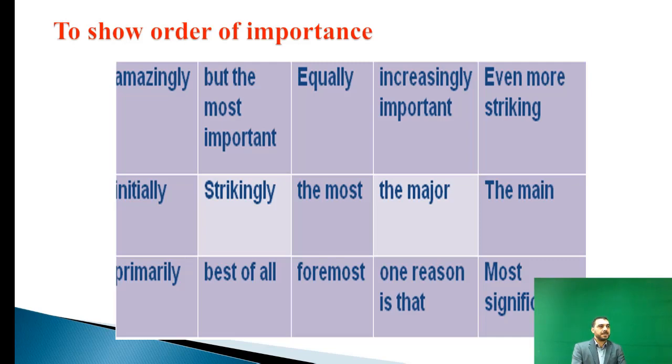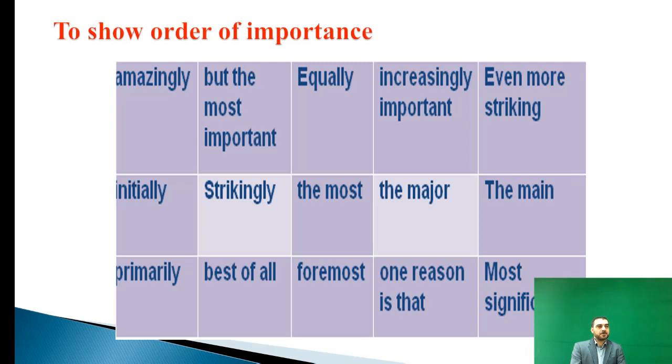For example: amazingly, initially, primarily, but the most important, strikingly, best of all, equally, the most, foremost, increasingly important, the major, one reason is that, most significantly, the main, even more striking. As mentioned here, these are examples of transitions that show order of importance.